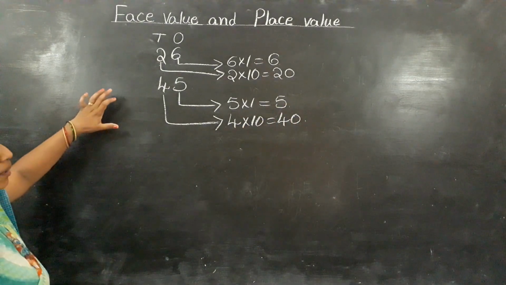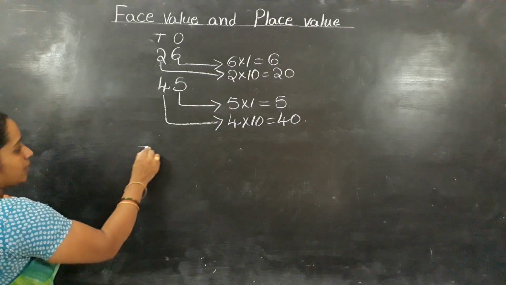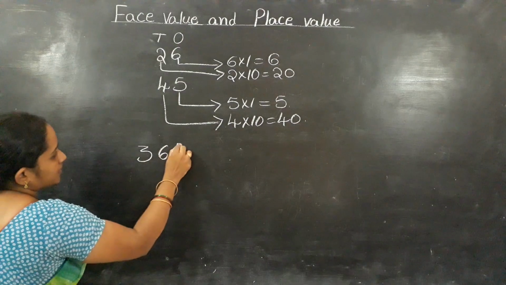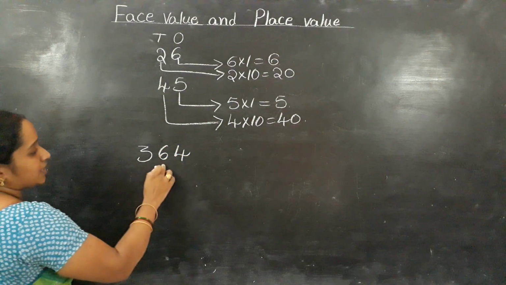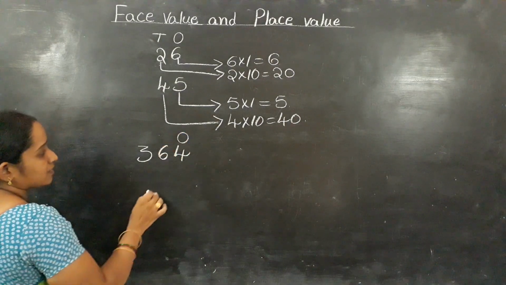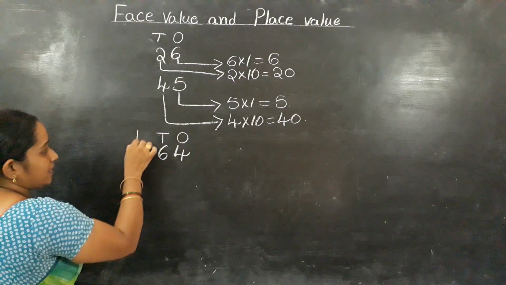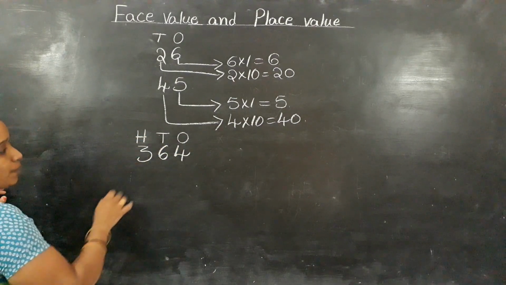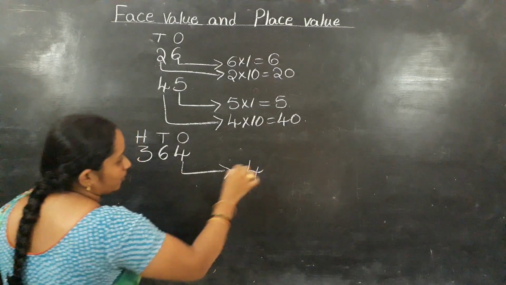This is about the 2-digit number. If you take the 3-digit number 364, tell me the place values of 3, 6 and 4. 4 is in ones place, 6 is in tens place, 3 is in hundreds place. So the place value of 4 is 4.